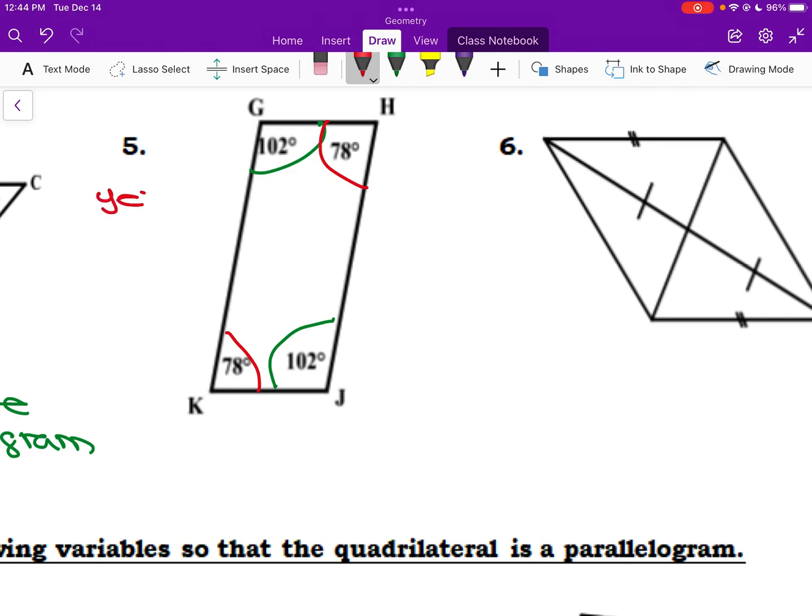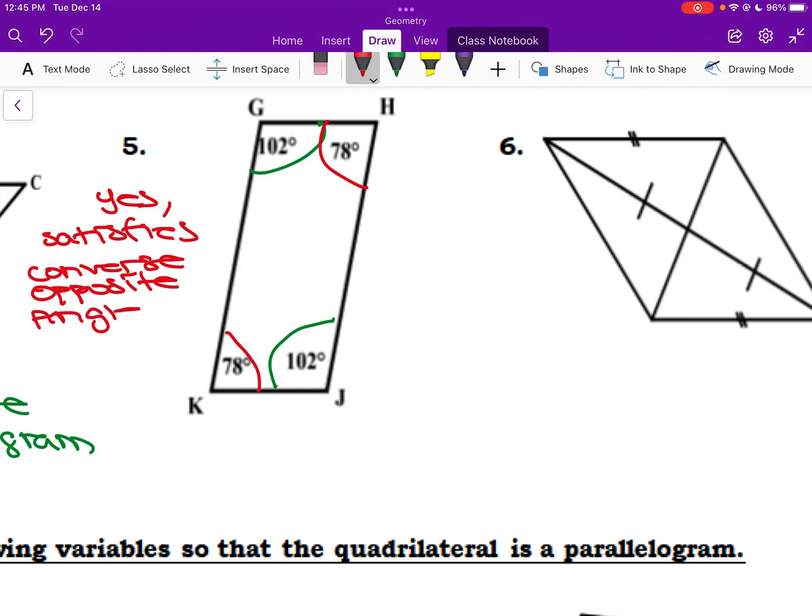So we could again say yes, and this satisfies the converse opposite angles of a parallelogram theorem.